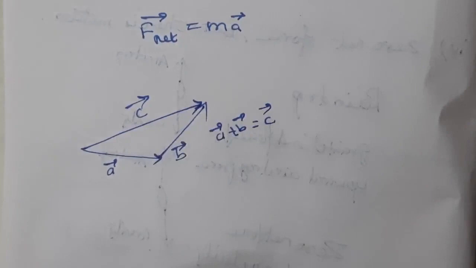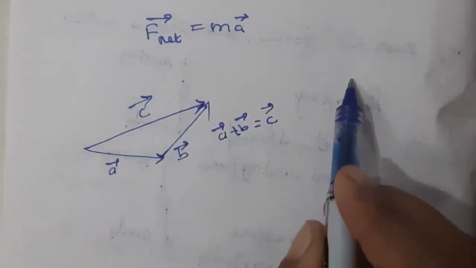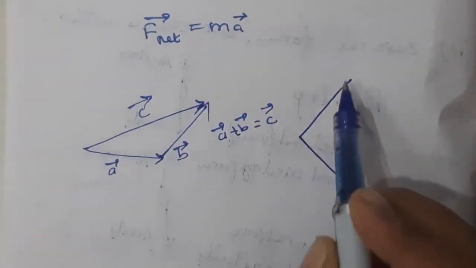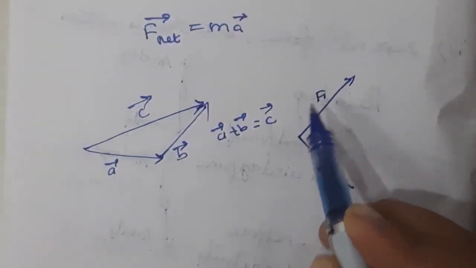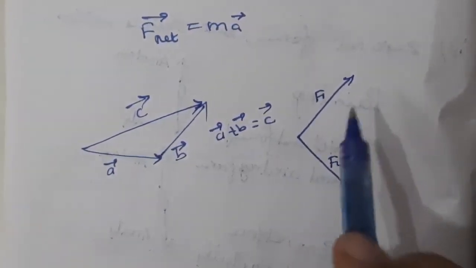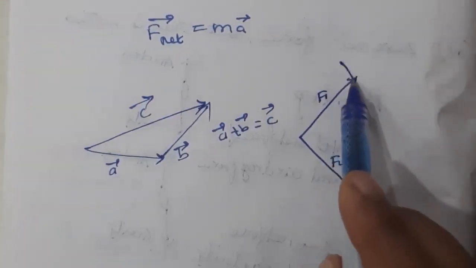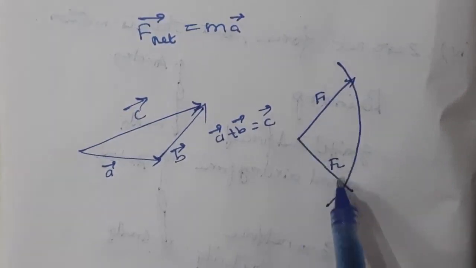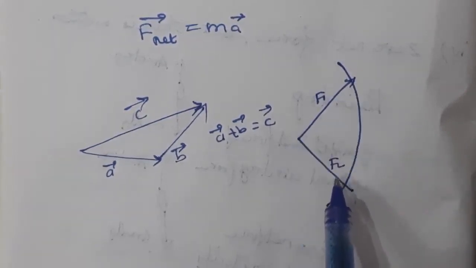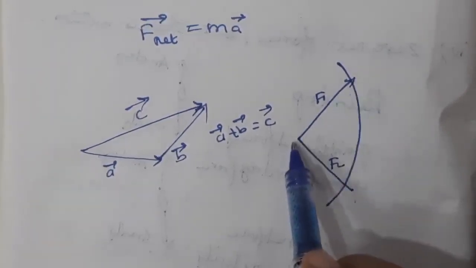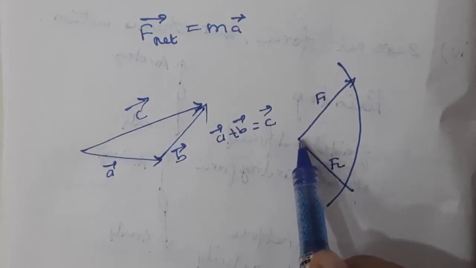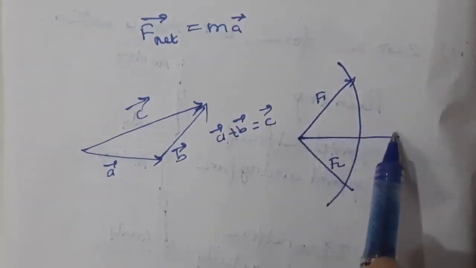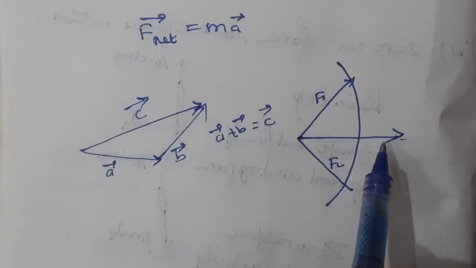Example, bow and arrow. That is two forces. One is acting in this direction, another one is acting in this direction. Bow and arrow example means we can consider these are the string forces. When the two string forces are acting in this direction, the arrow is going along this direction.